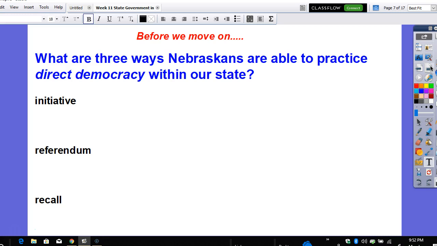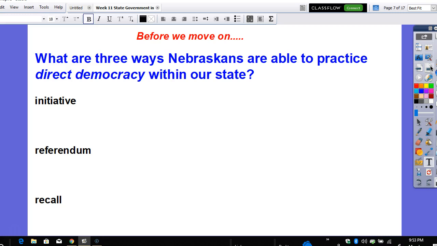Then there's a referendum. A referendum is almost like the opposite of an initiative. A referendum is when the state legislature has passed a law that a majority of Nebraskans do not like. Again, there's the petition process.